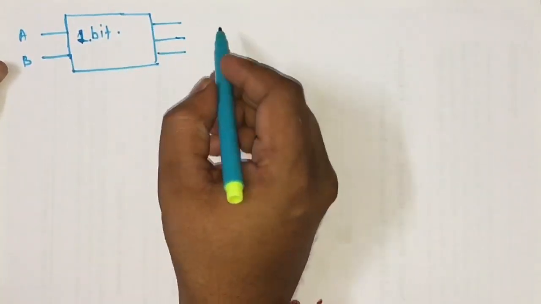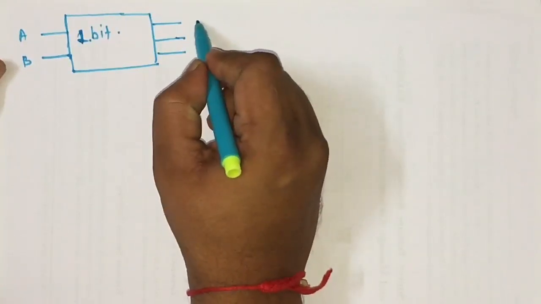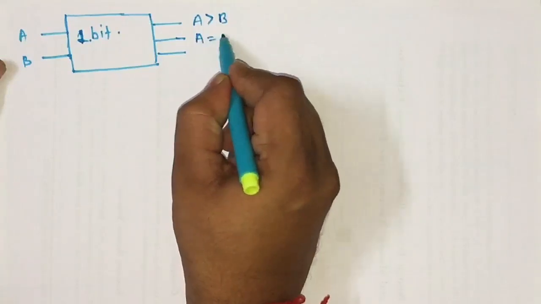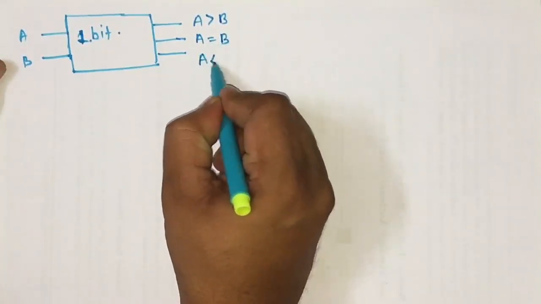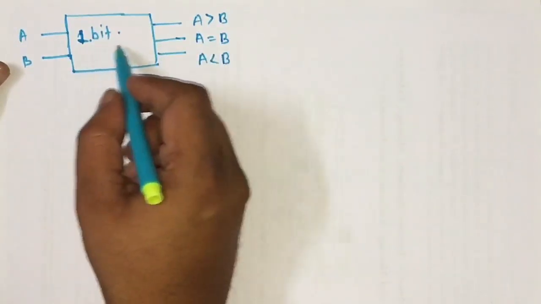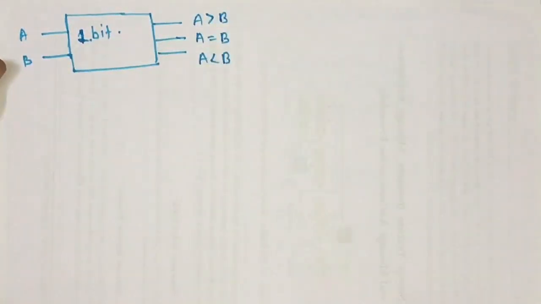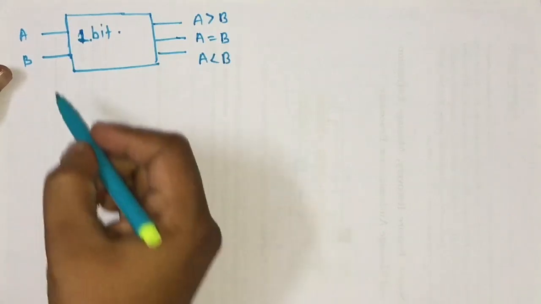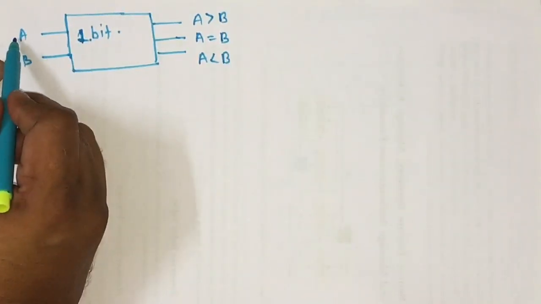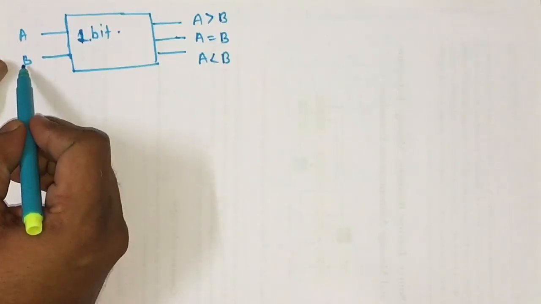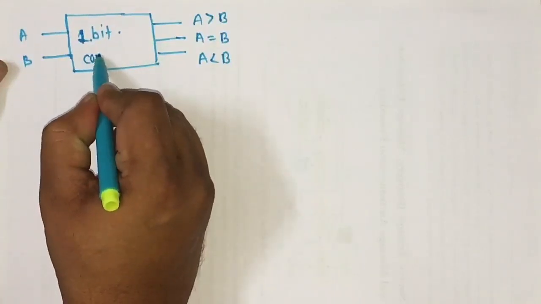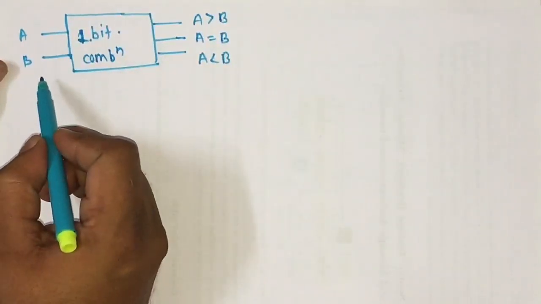So for the comparator, 3 types of result we are getting at the output: A is greater than B, or A equal to B, or A is less than B. The 1-bit comparator consists of 2 inputs, because this 1 bit will be compared with another 1 bit. That's why it is called a 1-bit comparator, and it is a combinational circuit.